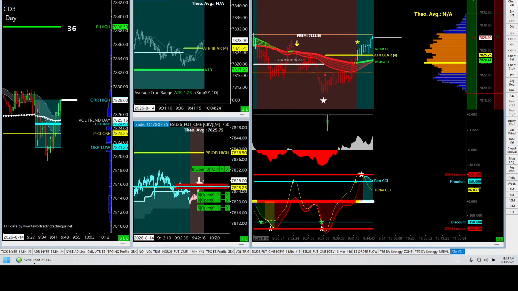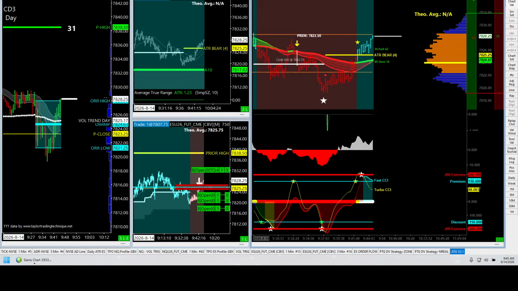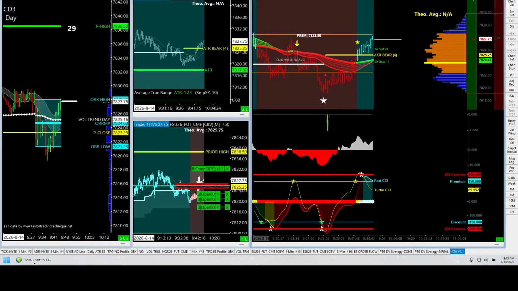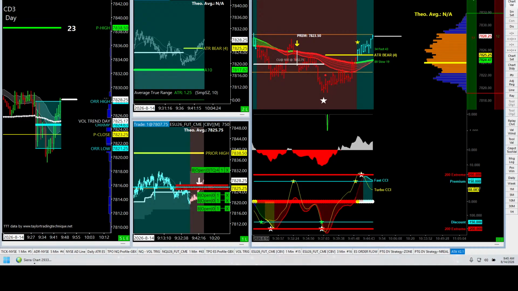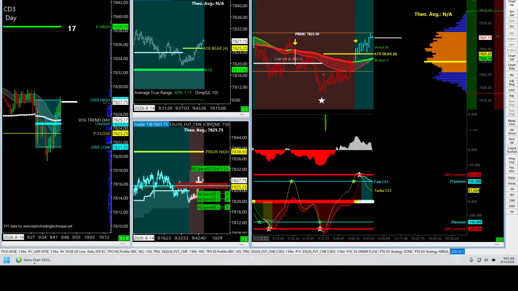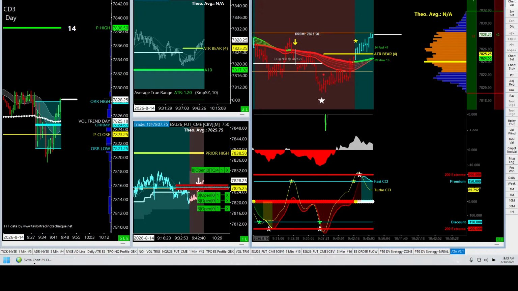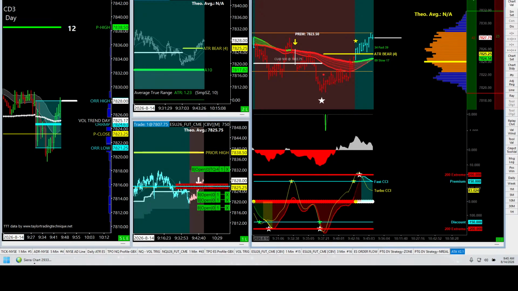Let the market show us what it wants to do, and then we'll tag along. So in the meantime, it's still relatively neutral. All right, so neutral balanced opening sequence.